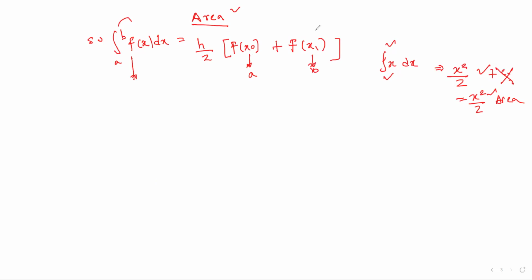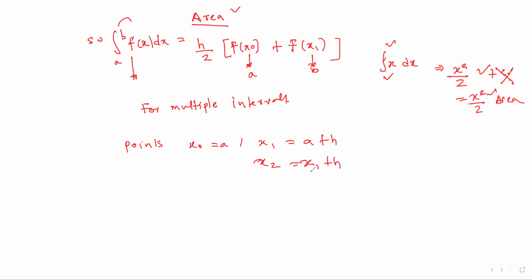Now, in general, for multiple intervals, from the general quadratic formula, what you have to do, see, now if you consider points like, for example, let me say x naught is equal to a, okay? Another point is x1 is equal to a plus h. Same way, x2 is equal to x1 plus h, right?